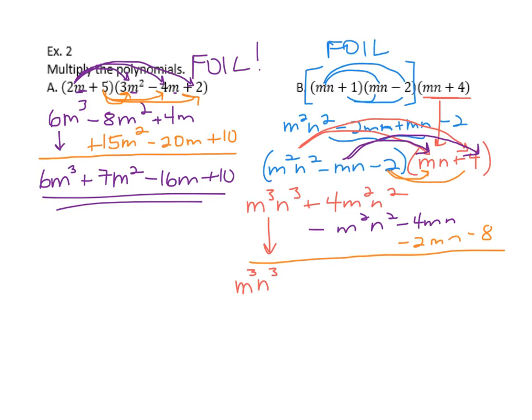And then we have positive 4 m squared n squared minus 1 m squared n squared for a total of positive 3. Negative 4mn minus 2mn would be negative 6mn. And our constant is negative 8. And that's what it looks like to FOIL with different types of polynomials.